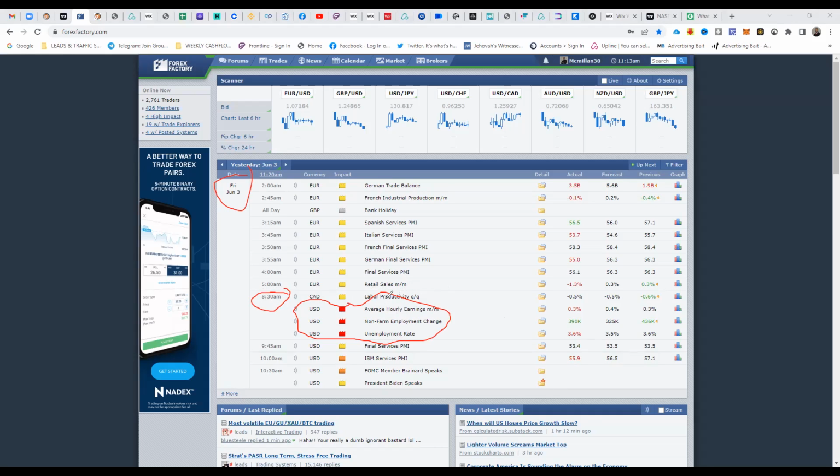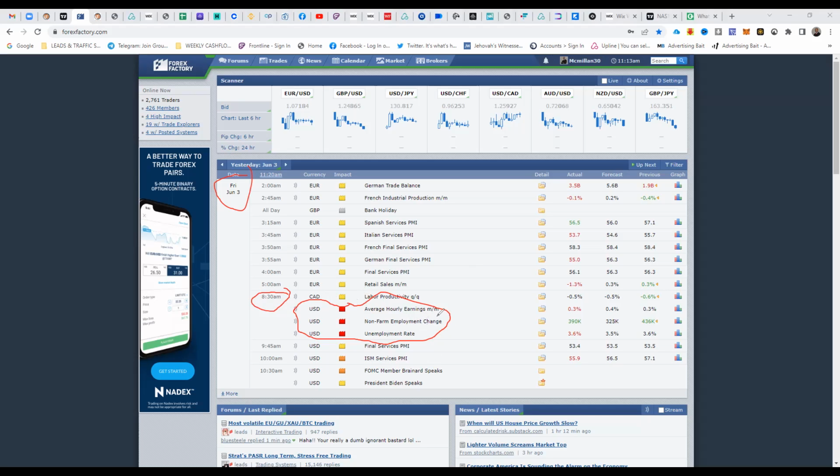This is where they did a non-farm employment change, the unemployment rate, all of that. And really that affects the US dollar, but it also affects the NASDAQ 100 index as well. They're all tied together.